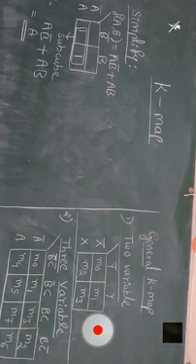How to simplify the three variable K map? To do that, I'll take one example here.